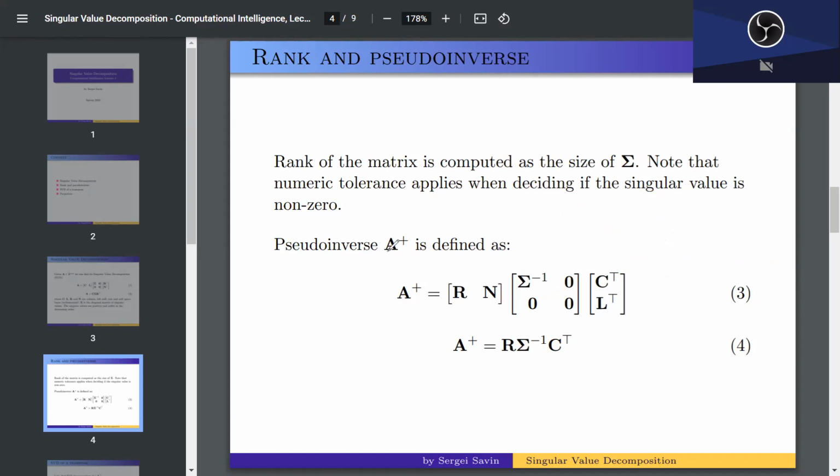Okay, so this is how we compute pseudo inverse, and this is how we compute rank. No questions? Can we move on? Okay, I'll move on.